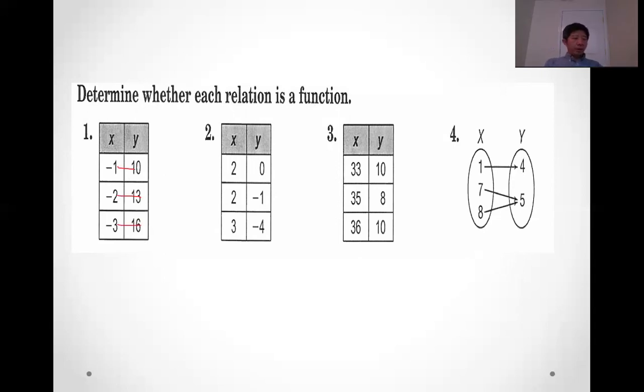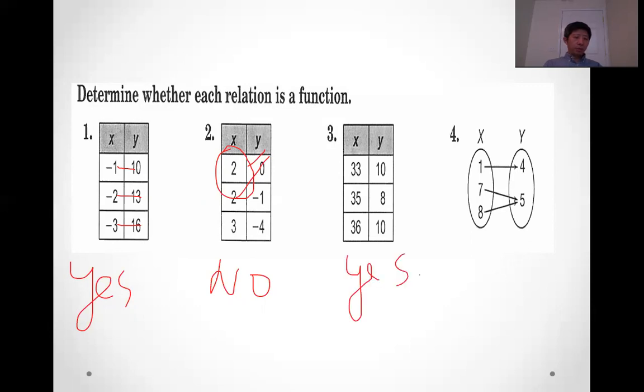Now, what about number two? Number two is no. Why? Because you have two corresponding to only one range, right? Now, what about three? Three is a yes. What about four? Four, yes. So this is a function, okay?